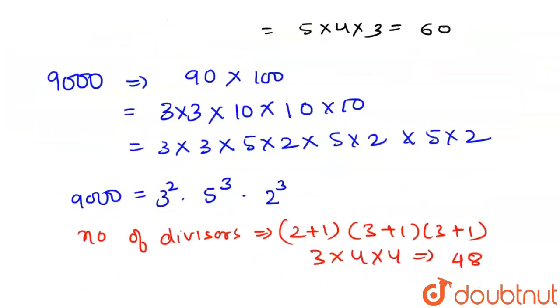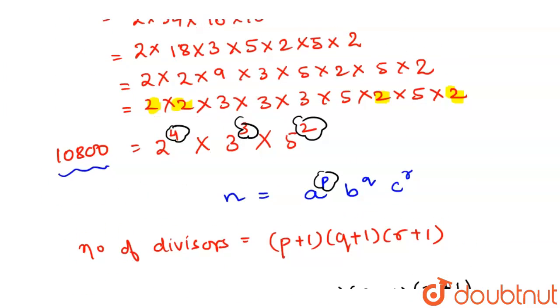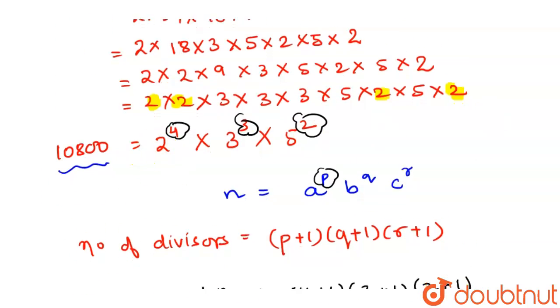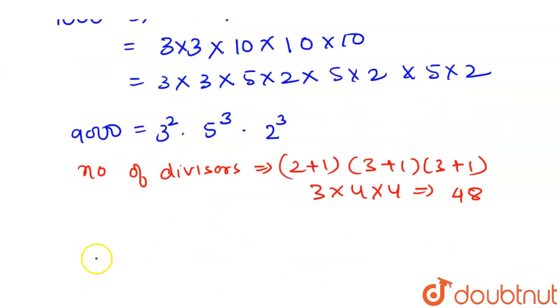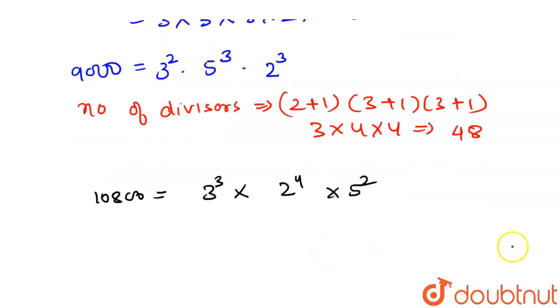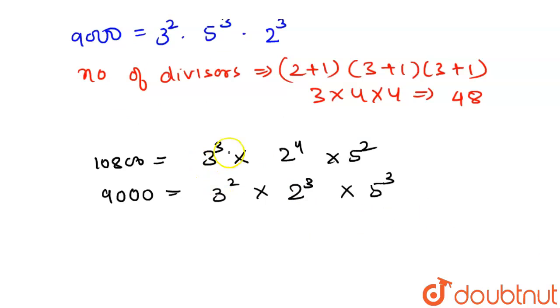So for 10800 we have 3 to the power 3, 2 to the power 4, and 5 to the power 2. And for 9,000 we have 3 to the power 2, 2 to the power 3, and 5 to the power 3. Now we will see how many are common.